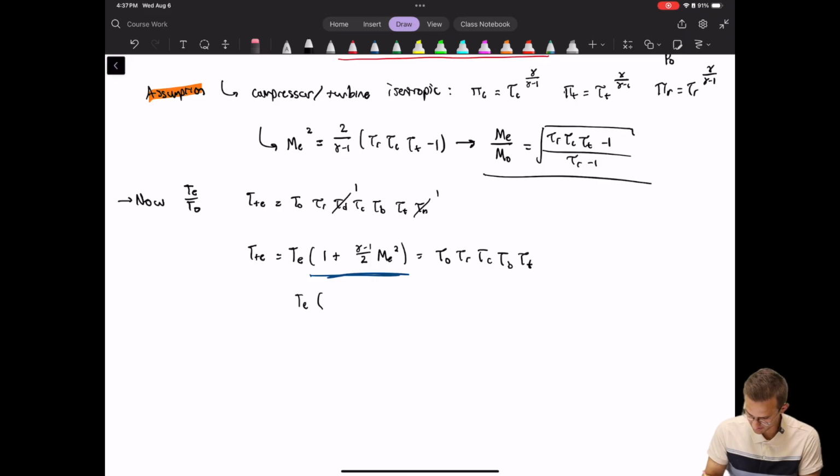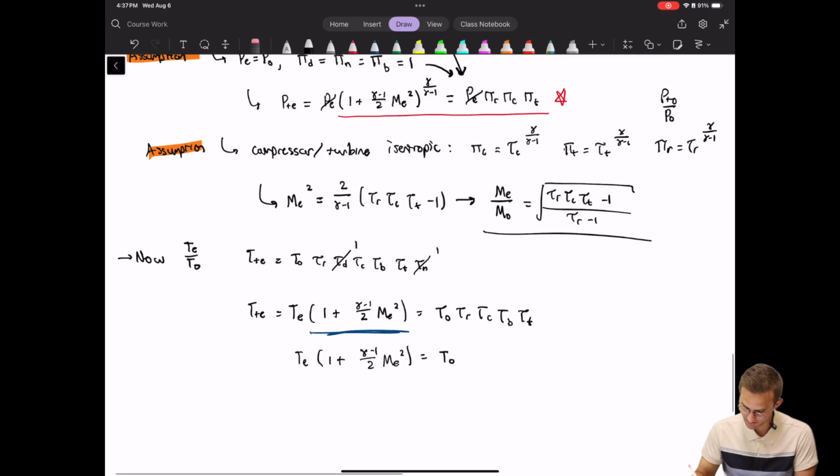So that makes things a lot more simple, where you have Te times 1 plus gamma minus 1 over 2 Me squared. And then here we have T naught. And then remember, tau R, tau C, tau T, and then I'll put the tau B here, those all become 1 plus gamma minus 1 over 2 Me squared.